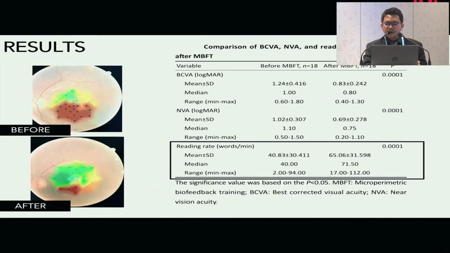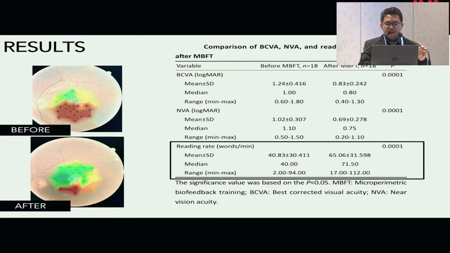So here is the result. Following the MBFT 6 times, as we can see here in the table, patients showed a statistically significant increase in reading speed, both means and medians. Let me draw your attention to the image on the slide. There is a clear functional shift in the fixations. On the top, you'll see the pre-training microperimetry map where the fixation is relatively near an area with lower sensitivity.